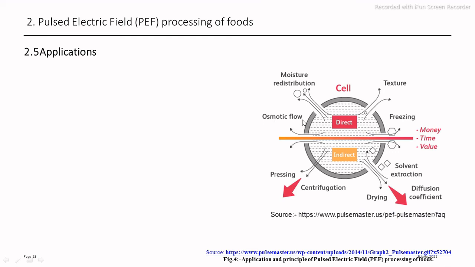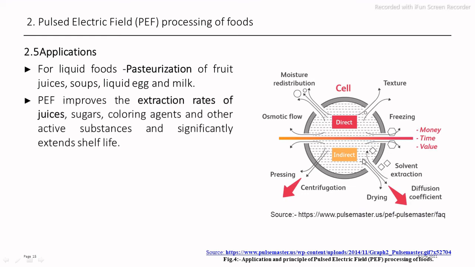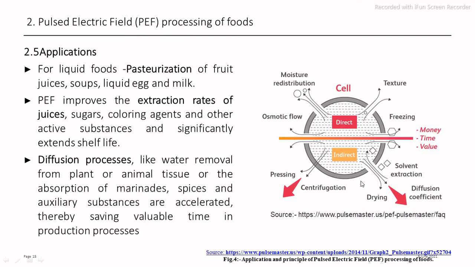It is helpful for the osmotic processing technique, the freezing processing technique, and the extraction process, then the diffusion process to remove the internal moisture content of the cell. It also helps with drying, centrifugation and pressing.